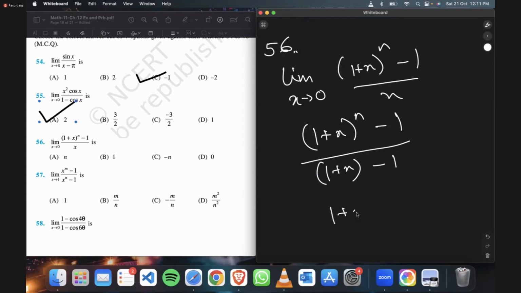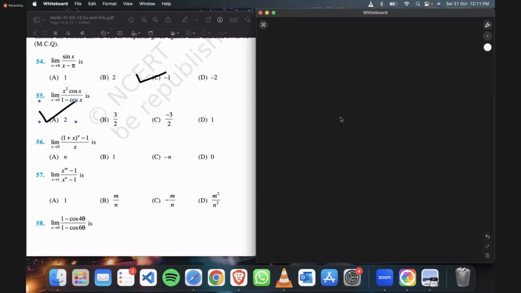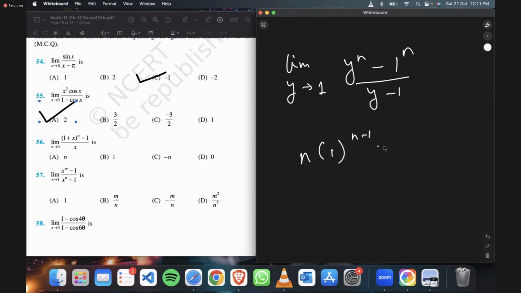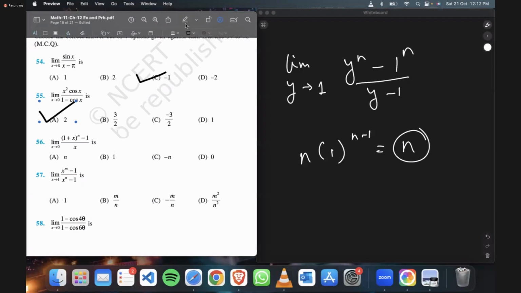So I'll just put 1 plus x equal to y. So when x tends to 0, y will tend to 1. Now my new limit, y tends to 1, y to the n minus 1, over y minus 1. So n minus 1 is nothing but n. So the answer for this one is n.